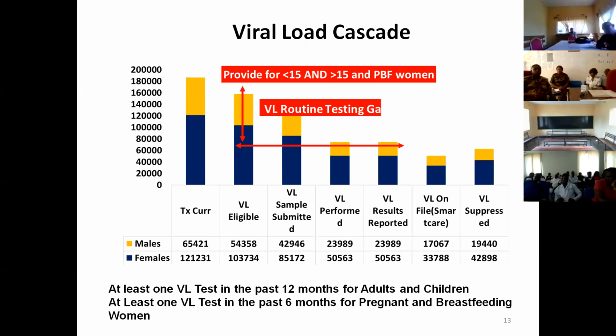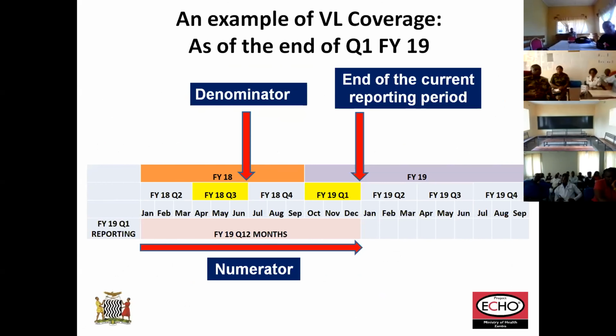Yeah, so going back to the definition of viral load coverage, you look at it from this perspective. You have a number of patients. You have, for example, 1,000 patients who are active on ARVs in your cohort, you're following up on in your sites. Out of those, how many are eligible for viral load testing?